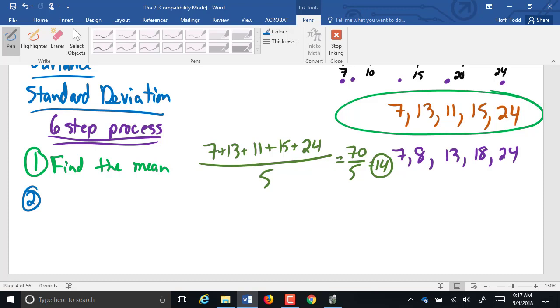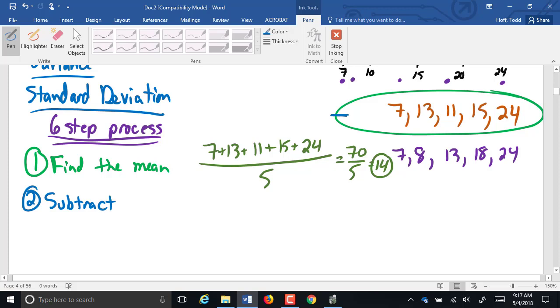I don't want to get ahead of people, so I'll give you a second to catch up. Step 2 is to subtract the mean from each number.